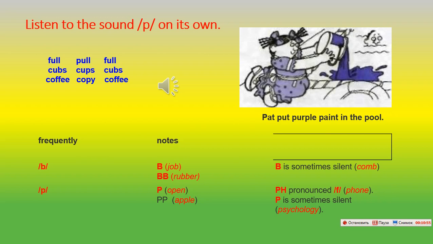Coffee. A10C. Park. Please. Price. Open. Apple. Spring. Tape. Help. Jump. Pat put purple paint in the pool.